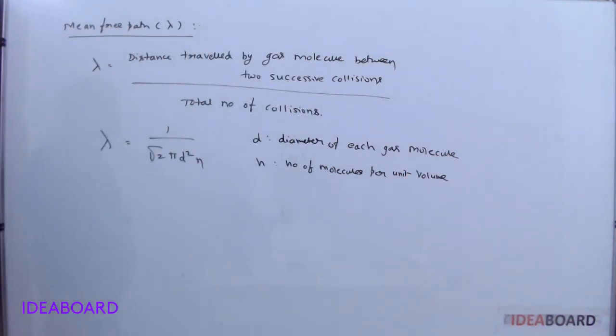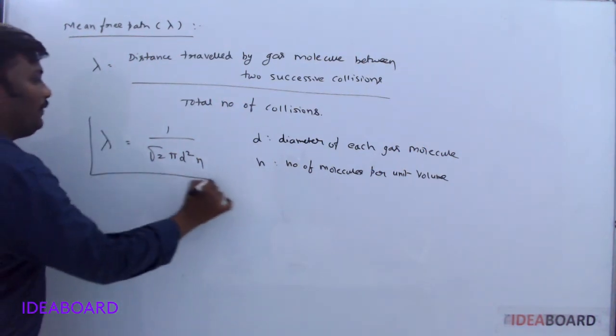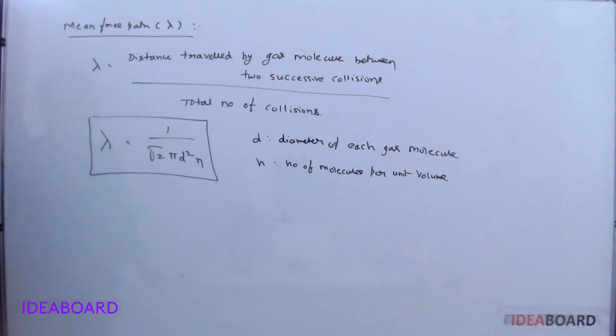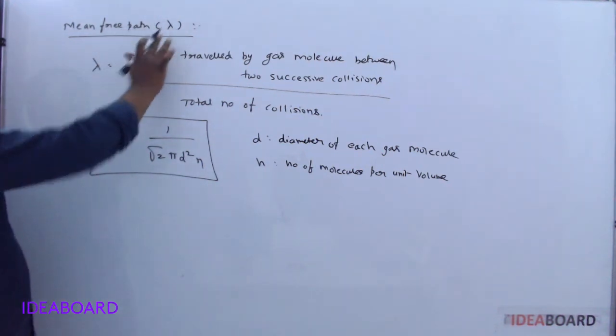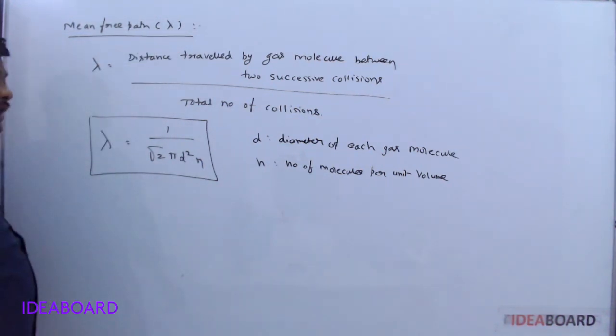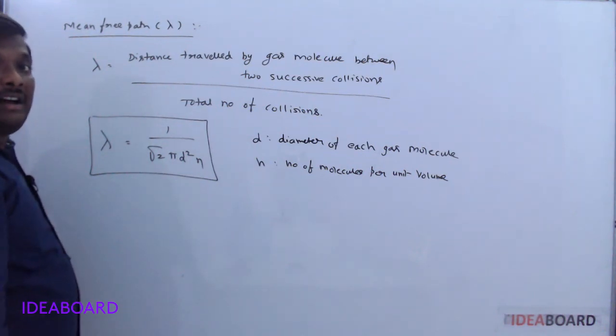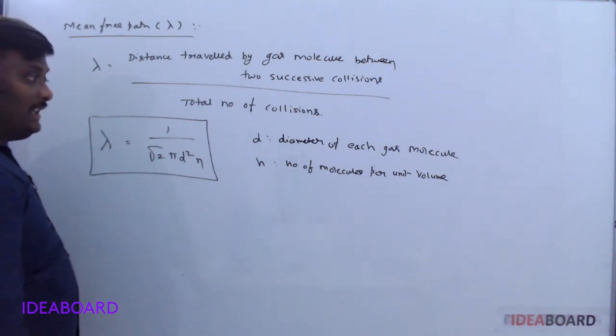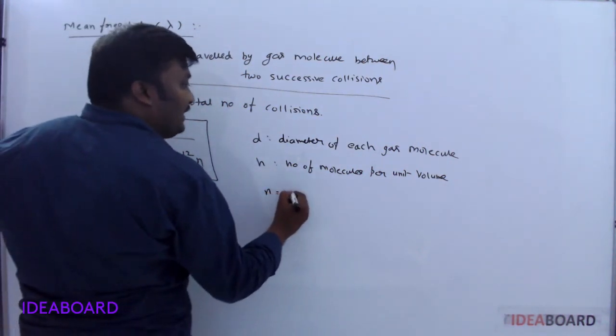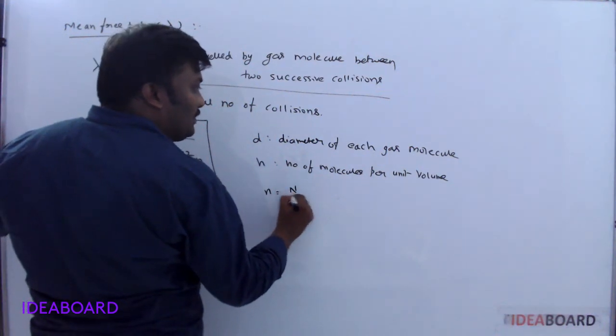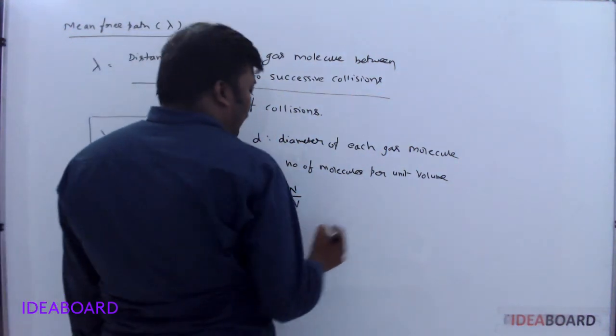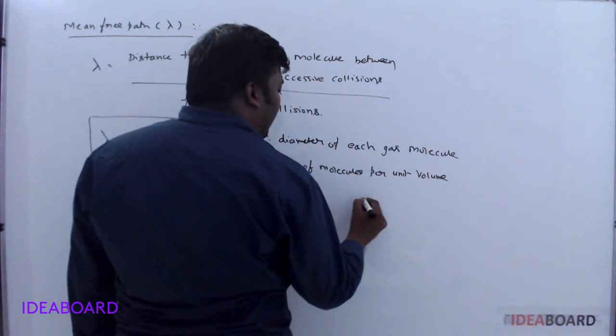Clear? This is the formula for lambda. Sometimes the value of the mean free path is asked in terms of mass and velocity or density. Then what is n? n is nothing but the number of molecules per unit volume. Then we have the formula for density.